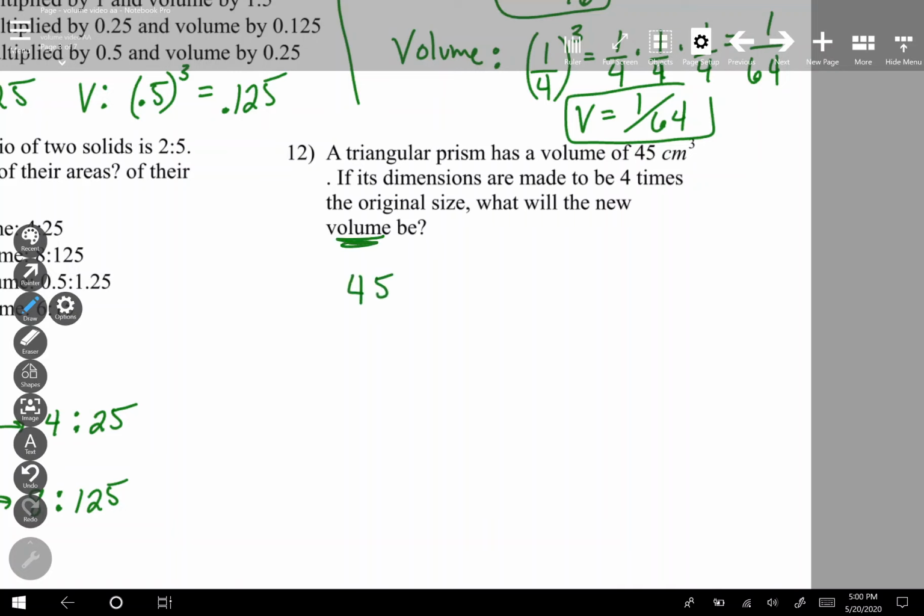This is going to be 45 times, and then 4 to the third power is 64. So do 45 times 64, and you get 2,880. So that would be the new volume.